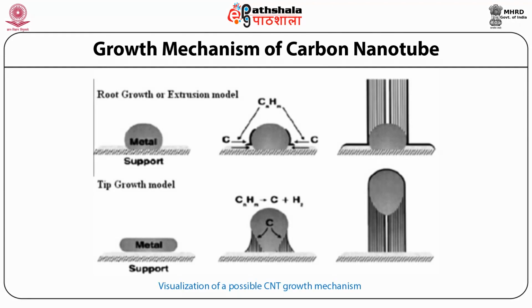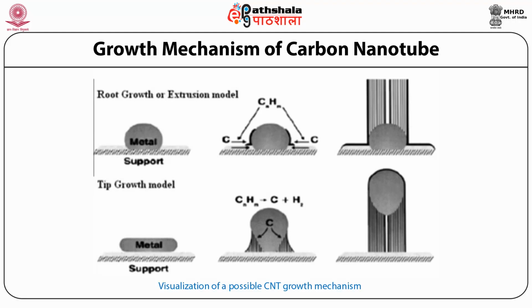Now in slide number 16, I want to discuss how this nanotube forms. As I discussed, we send a carbon based material inside the furnace along with nanoparticles or metal particles as a catalyst. The metal particle will deposit on the substrate, and at high temperature this metal particle has the capacity to dissolve some carbon.